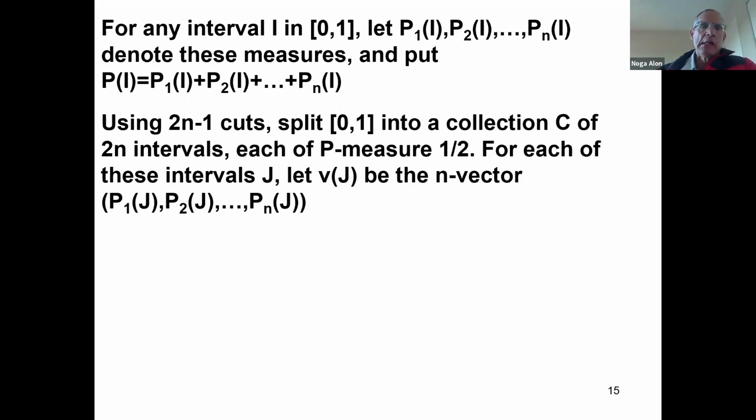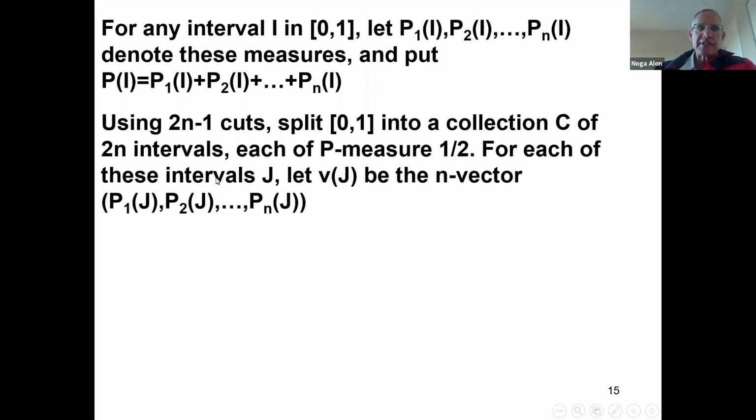What we do now first is split the interval [0, 1] into 2n smaller intervals, and each has this total measure exactly 1/2. The total measure of everything is n, because it's the sum of n ones, and I can split it into 2n equal parts. With the beads, we can do it exactly, and maybe some of the cuts are in the middle of intervals corresponding to beads, but we don't care about that.